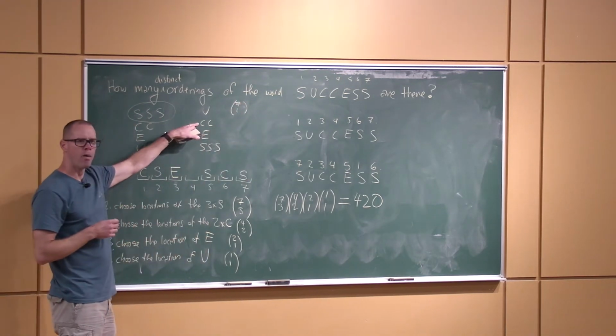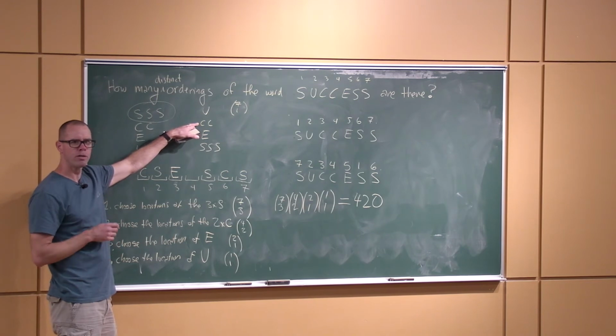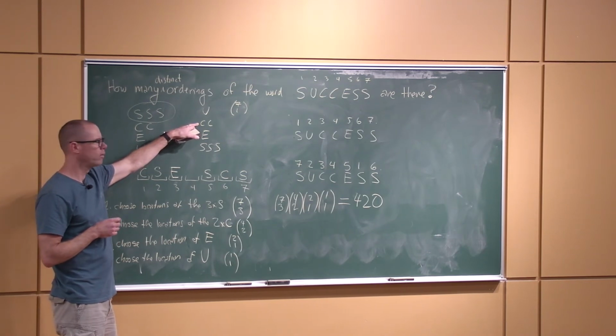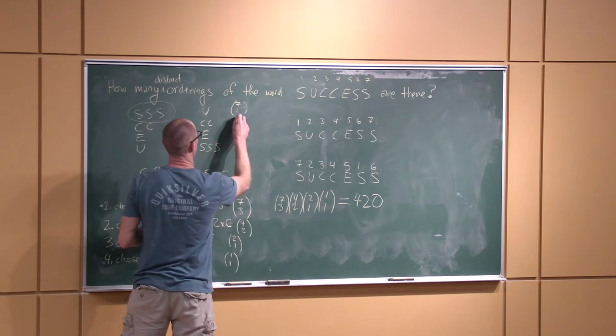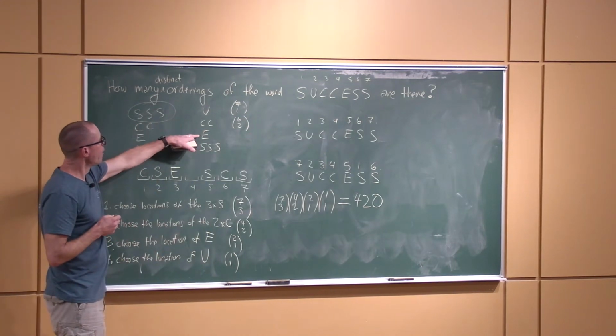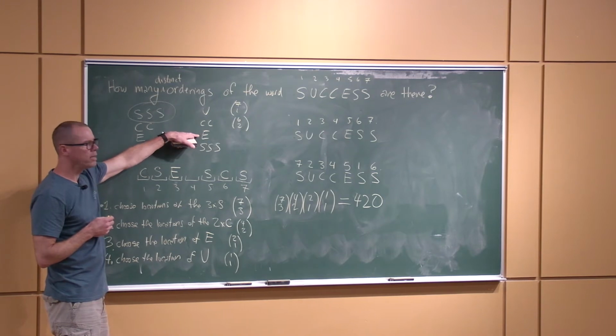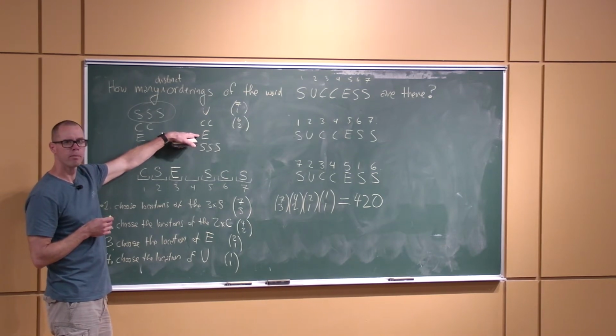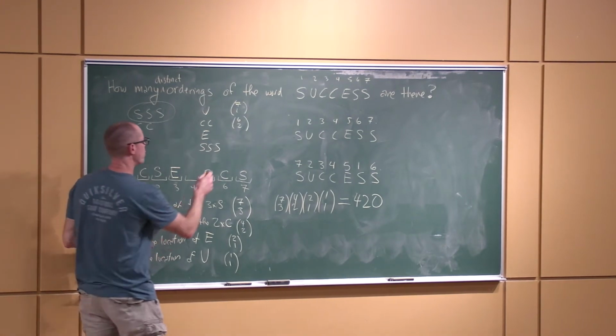How many ways now, after we've placed the U, are there to place the 2 C's? Okay, we've placed 3 letters. How many ways are there to place the E? 4 choose 1.